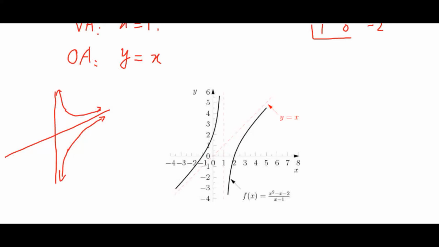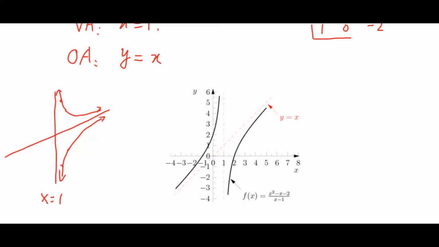We have only two options. So we just pick a point a little bit larger than 1, and the function value is here or here. We only need to determine this.